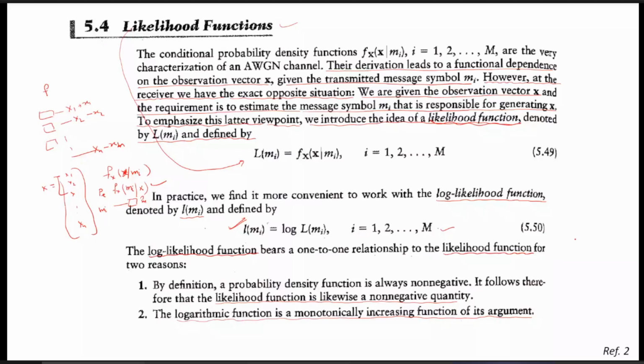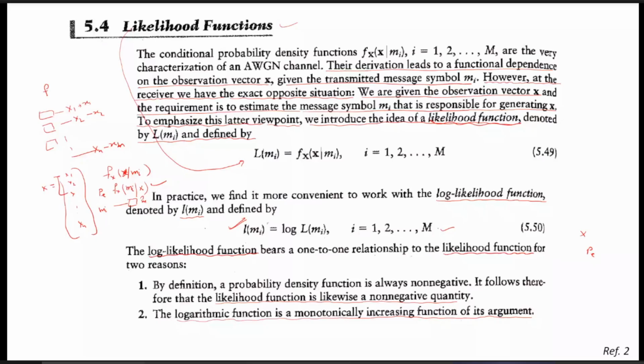But here you should know what the likelihood function is. The likelihood function is the conditional density function we defined earlier, given by L(mi), and if you take its log, it is called the log likelihood function, given by log of L(mi). Both have a one-to-one relationship.